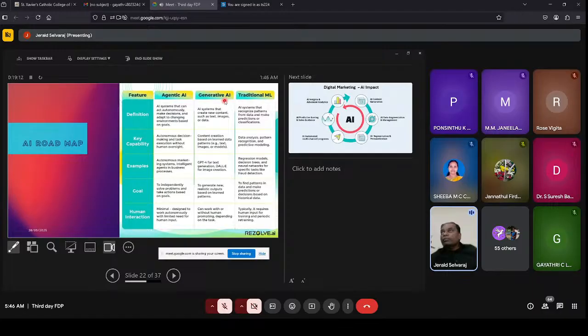So now, by seeing all this strategy, how is digital marketing helped? As I mentioned, using generative AI you can create the content. Using generative AI you can create a new page, new content, a new image, a new segmentation or audience.